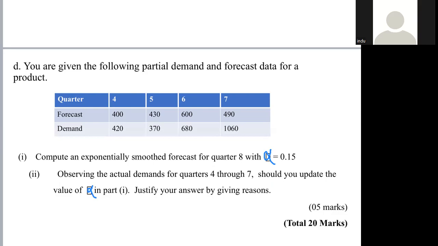Only the time period of the 7th quarter, because we know for the exponential smoothing method, there is no need for all the previous data, it's enough to have the immediate previous time period, right? So then we can write it as the formula, right? We know the general formula for the exponential smoothing method.